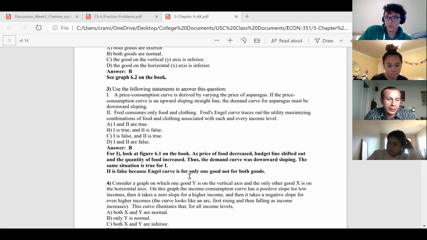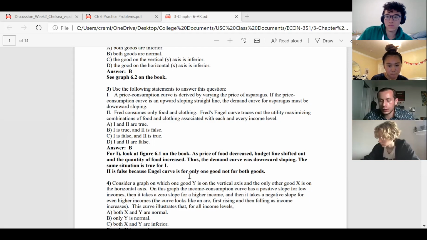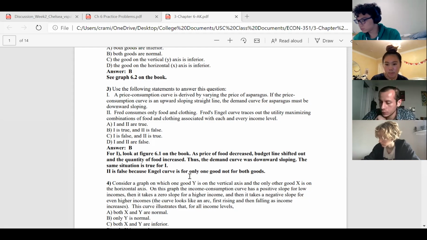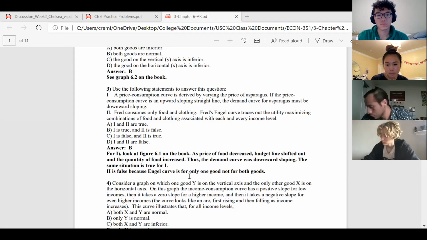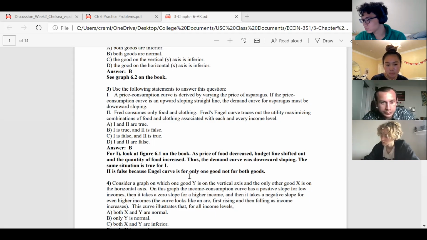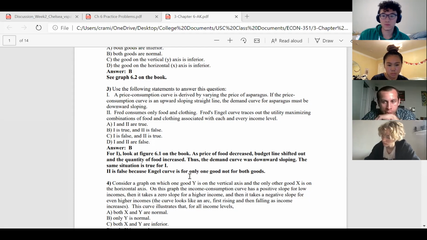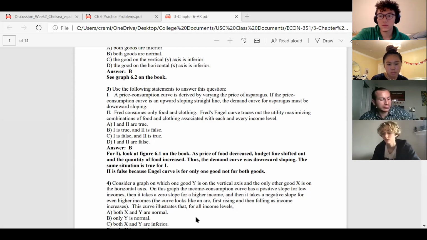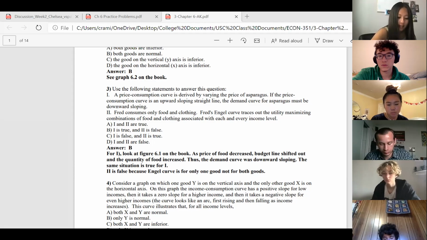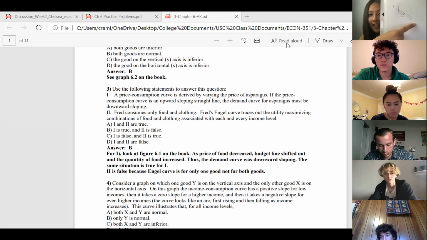Does anyone? I think it's because, so I drew the graph. The price consumption curve is trying to figure out, if the price of asparagus is on the horizontal axis and some other good is the y-axis, and the price consumption curve is upward, that means these are the different budget lines.